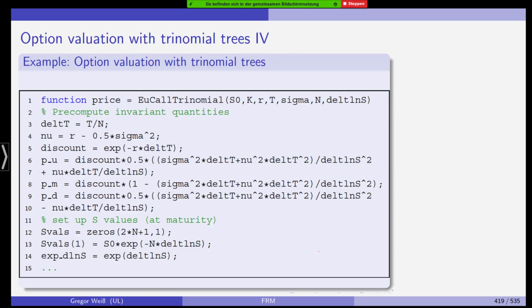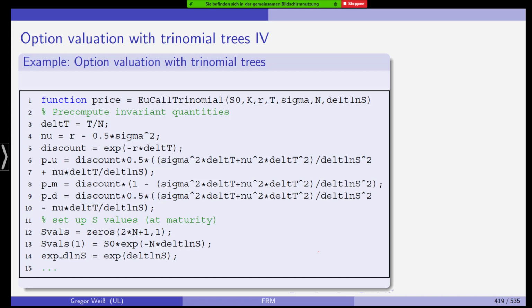We want to implement this in Matlab. This function is called trinomial. Again, we need those parameters as input. We want to make this Matlab program as efficient as possible, so we pre-compute those quantities that remain invariant throughout the calculations, and these invariant quantities are delta n, nu, the discount factor, and the 3 probabilities pu, pm, pd.